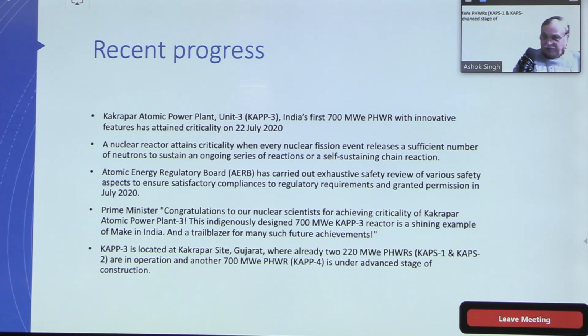Now this Kakrapar power plant is in Gujarat, and they already have the older designed plants, the 220 megawatt plants, 2 of them in operation. And another KAPP 4 is being constructed, which will be again the 700 megawatt design.